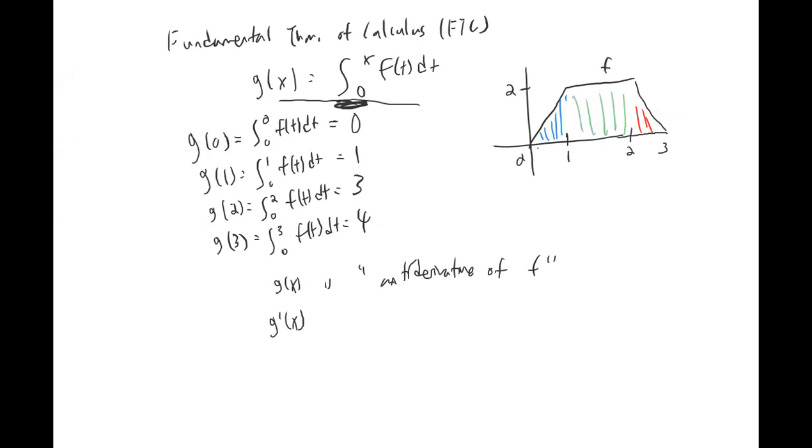So what can you say about g prime? I'm taking the derivative of g, right? So if g is an antiderivative of f, then this is the derivative of an antiderivative of f. If antiderivative is the opposite of derivative, what do you think will happen if I do the derivative of the antiderivative?